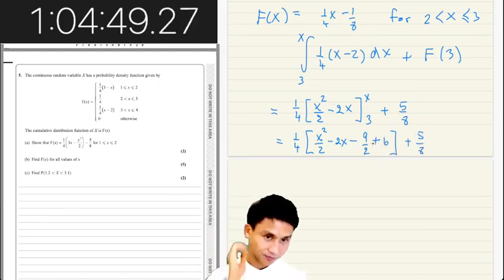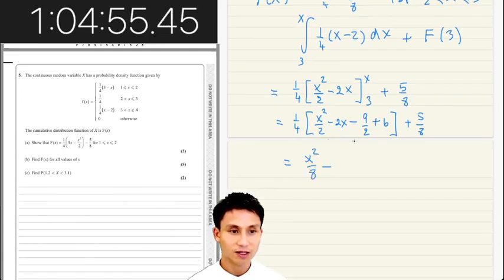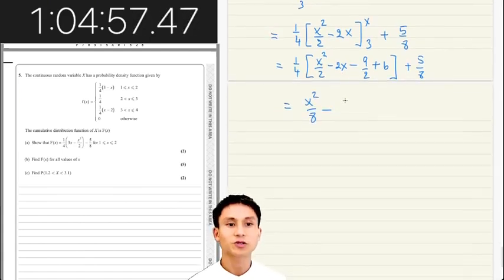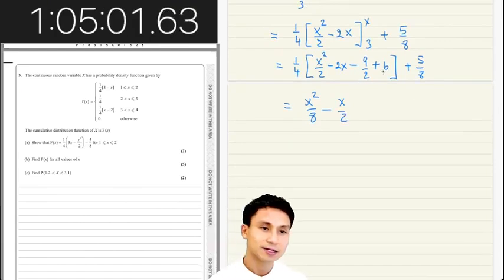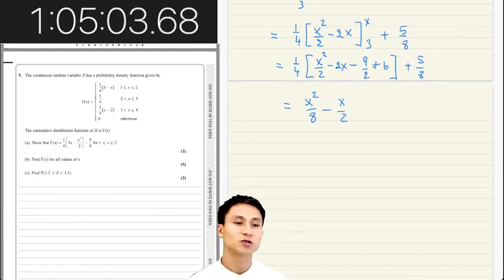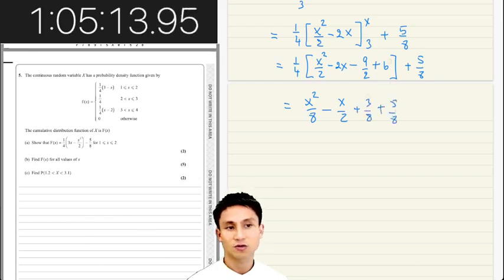Okay? So multiplying out, we get x squared over 8. There's only one x term here, so we can multiply in, so x over 2 there. And this is 12 minus 9 over 2, so 12 minus 9 is 3, 3 over 2, so that will become 3 over 8 plus 5 over 8.